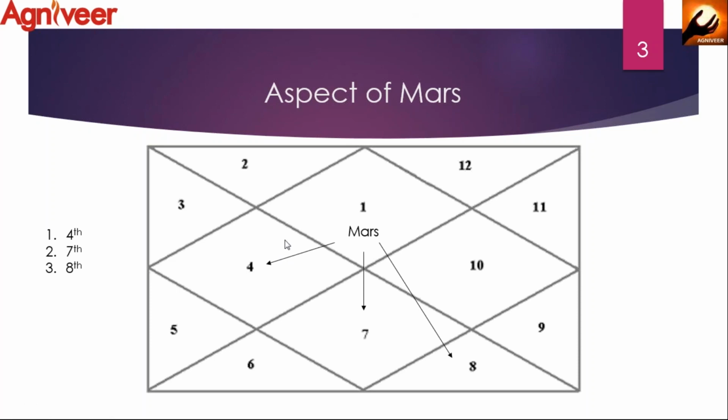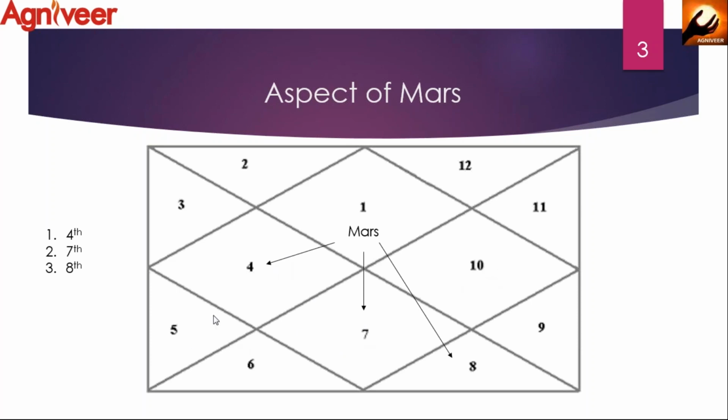In which houses is it going to aspect? Yeah, correct. Absolutely correct. So if Mars is placed here, it will be aspecting here in the seventh house, then in 10th house, and then in the 11th.